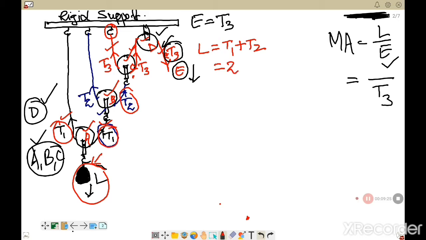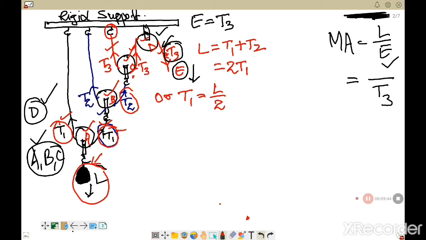So I'll get 2T1, or here I can make T1 the subject. I'll get T1 equals L by 2. So the tensional force T1 equals L by 2.